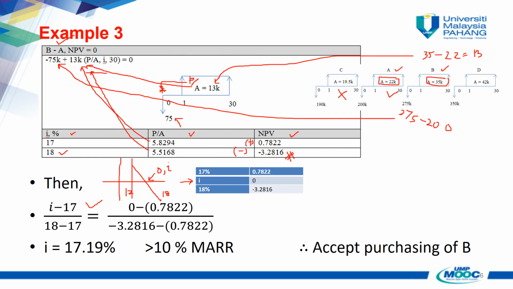We interpolate, and we see that from our interpolations, the I is 17% interest rate, more than the 10% MARR. So we will accept purchasing of B, 7% more than our intention of 10%.